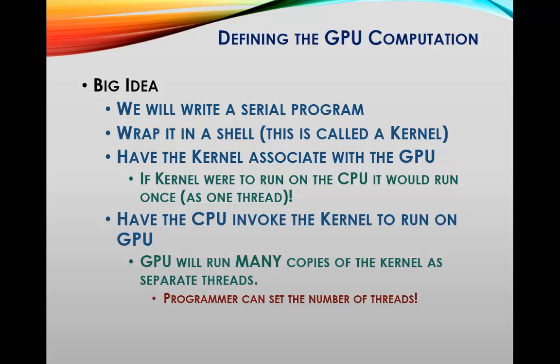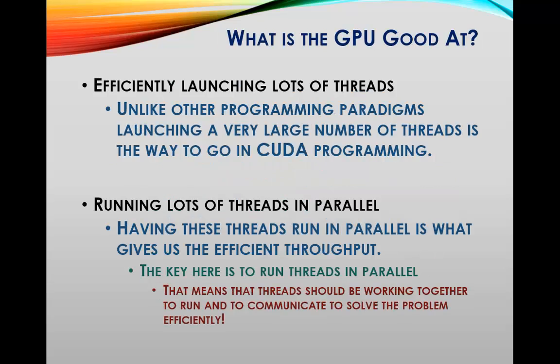So now that we have this big idea, let's see what your GPU is good at and what it does. One of the most major things your GPU is good at is efficiently launching a lot of threads.